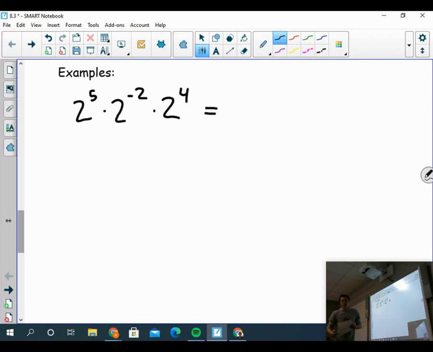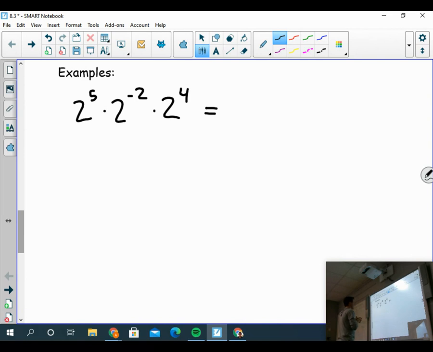Okay, so what's happening here? What can we do? Well, I see I have three quantities that have base 2 and various exponents. So I have the same base, and each one is multiplied together. So I have met the criteria of my rule for using the multiplication property of exponents.